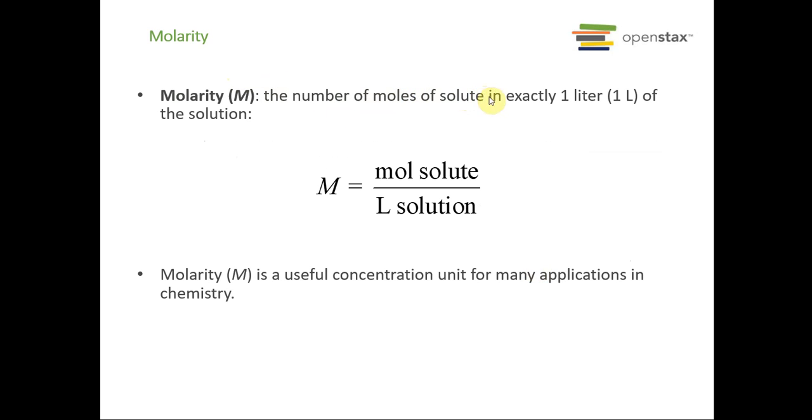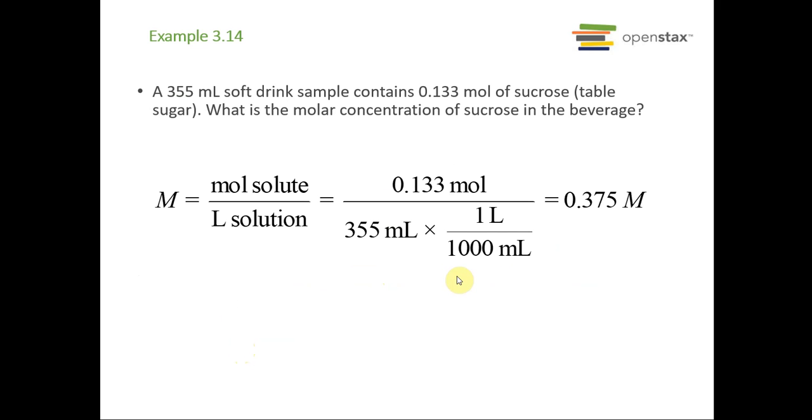Molarity is the number of moles of solute in 1 liter of the solution. So molarity is equal to moles per liter. Molarity is a useful concentration for many applications in chemistry. If we have a soft drink like Sprite or Coca-Cola, it typically contains 0.133 moles of sucrose.